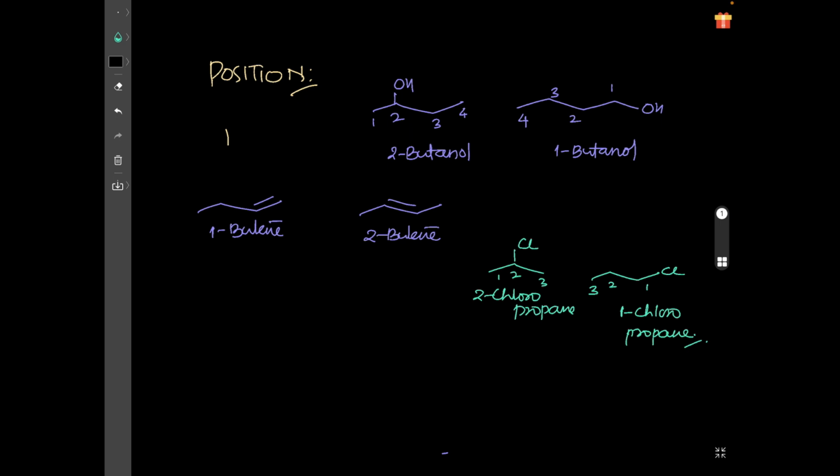So the functional group position may be different, the multiple bond position may be different, the substituent position may be different. In such cases, you can call them position isomers. If you want more examples, you can take benzene with 2 methyl groups at the 1,2 position, 1,3 position, 1,4 position also.